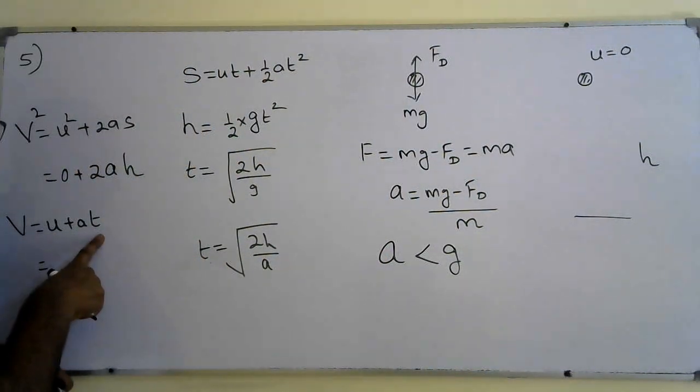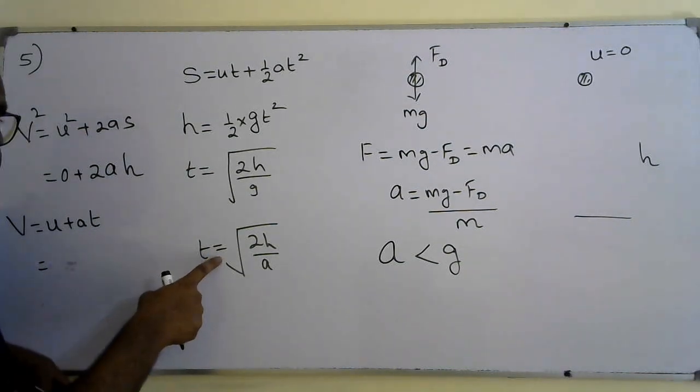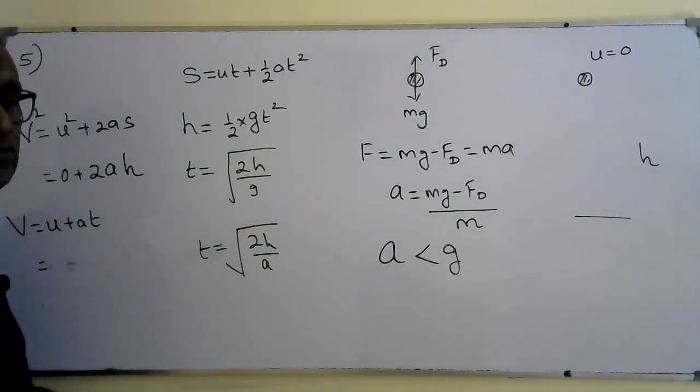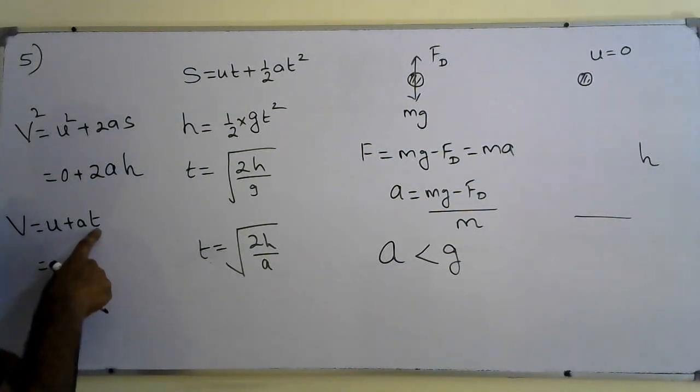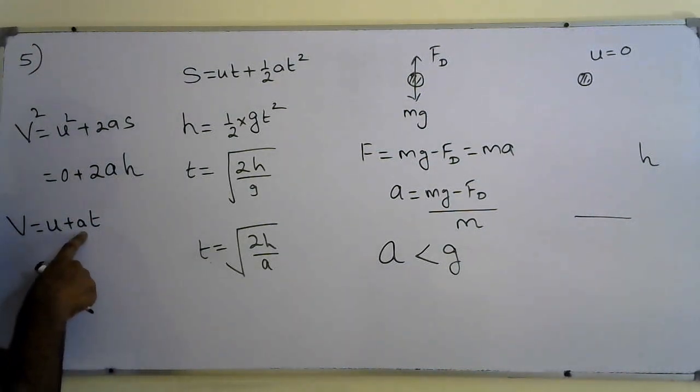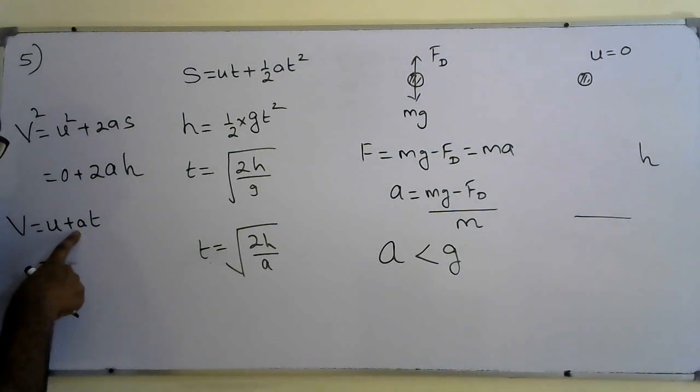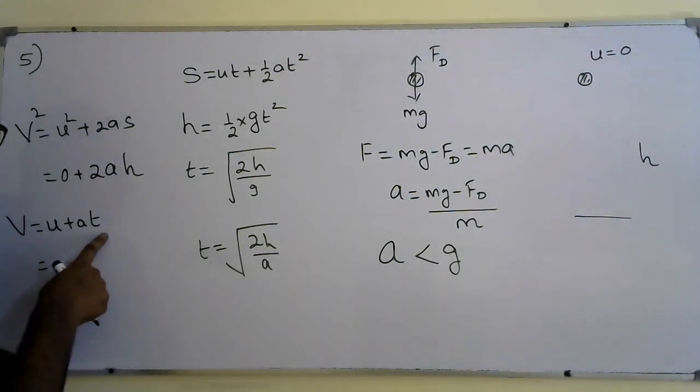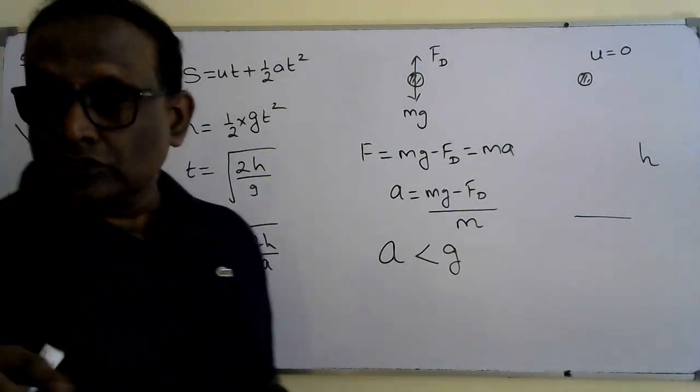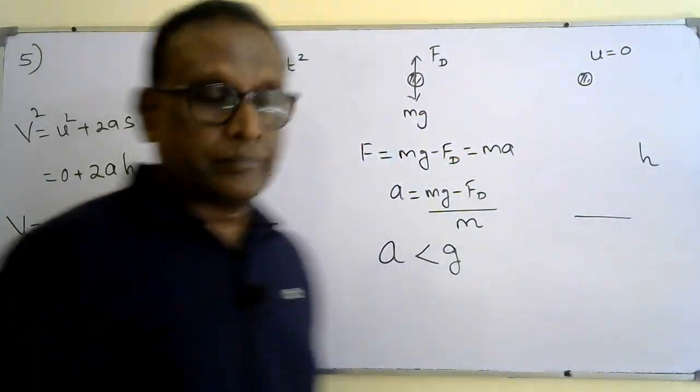The actual time is going to be larger than the time calculated by the student. So the actual time is larger, but the actual a is smaller. One quantity is smaller, the other is larger. When you multiply both, we can't predict the outcome.